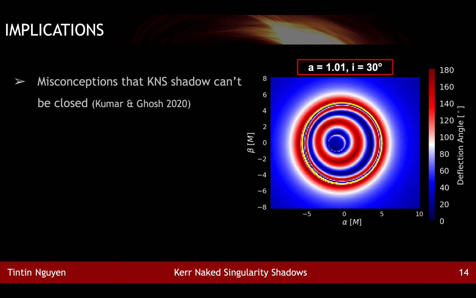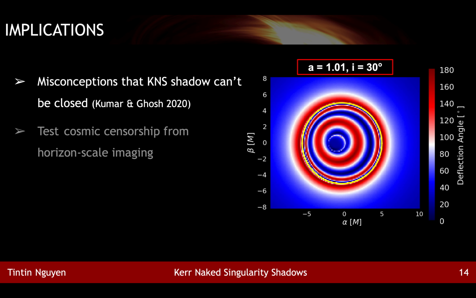Some implications of my project include that I was able to show that the KNS shadow can be closed like the black hole shadow we observed from the black hole images. This disproves some of the misconceptions in previous literature that the KNS shadow cannot be closed.